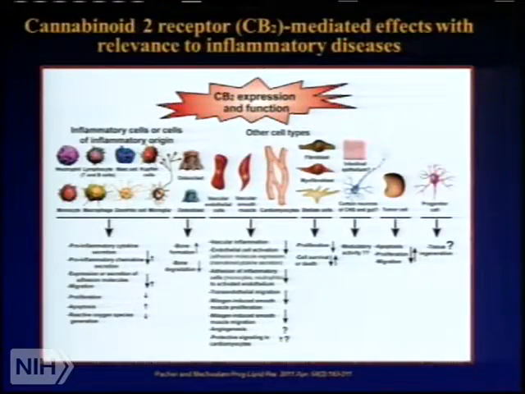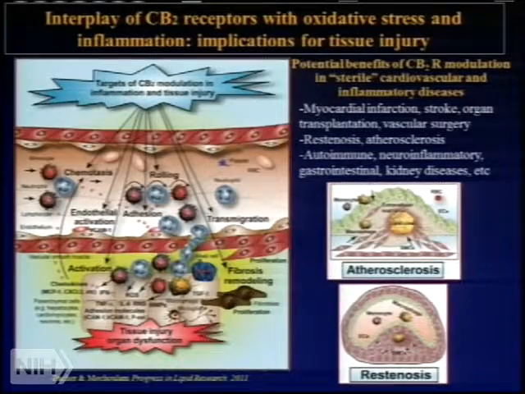So in contrast, CB2 receptors are primarily in inflammatory cells, particularly in certain lymphocytes and also macrophages. And stimulation of these receptors is in general anti-inflammatory. So what happens if we stimulate these receptors?